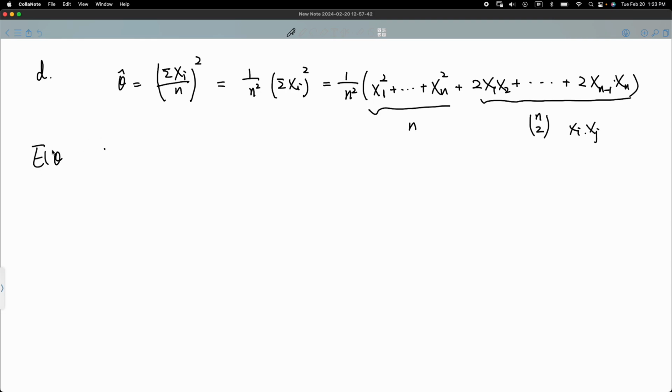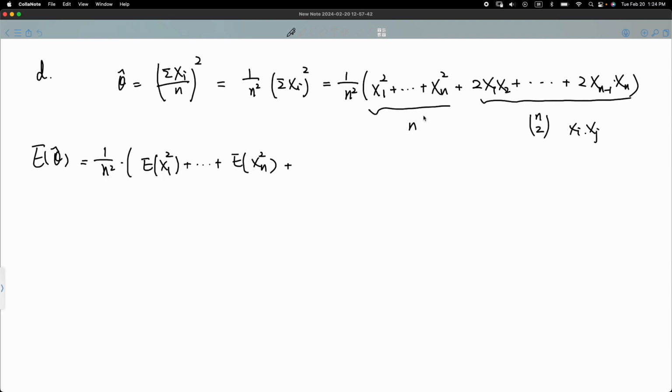So E of theta hat is just 1 over n square multiplied by E of x1 square, so the expected value of the second moment, plus the other terms.